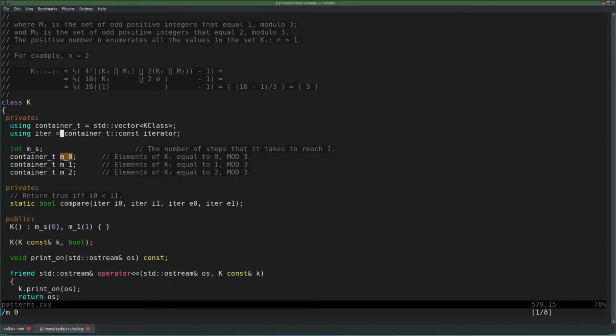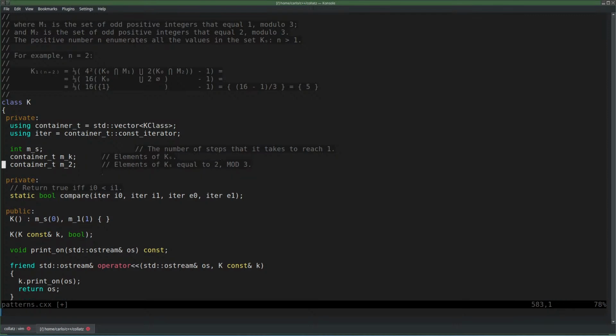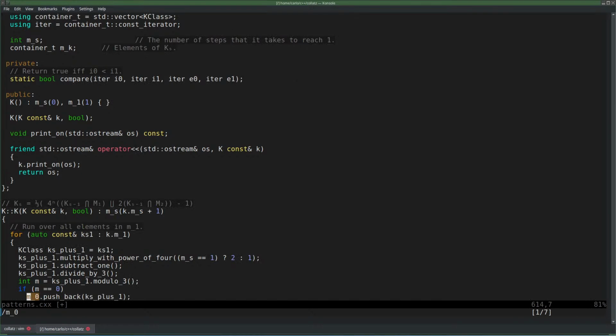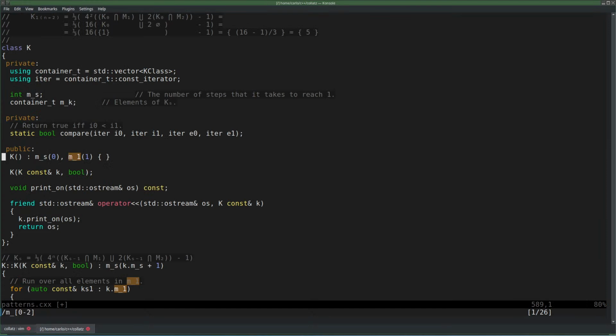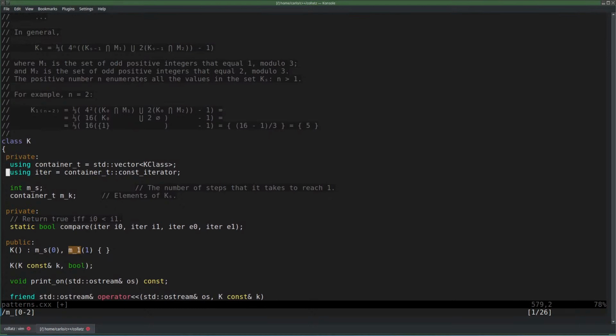Container of KC class. I just have, let's call them MK, elements of KS. Okay, now I'm not having M1 anymore.